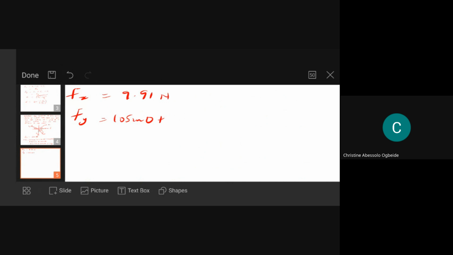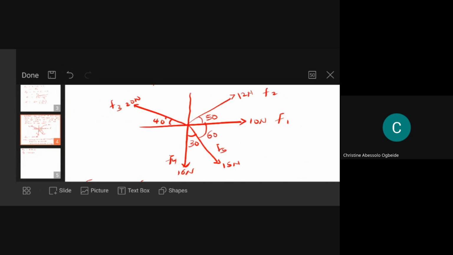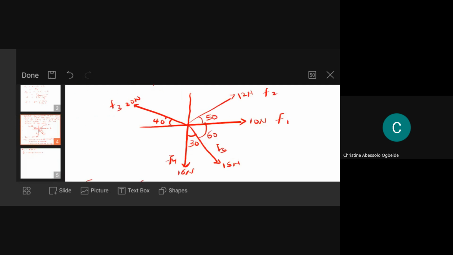Then I put my plus sign, go back to the diagram. F2 is 12 Newton inclined at an angle 50 degrees. So that is plus 12 sine 50. So I write it down, plus 12 sine 50. Then for F3, which is also inclined to the horizontal, it's still at the top, right?